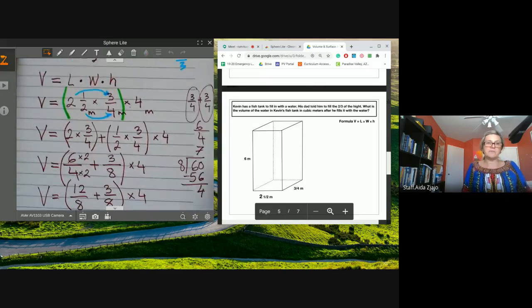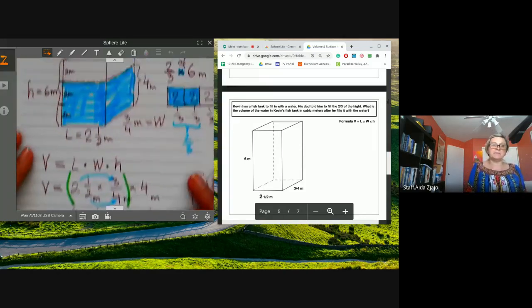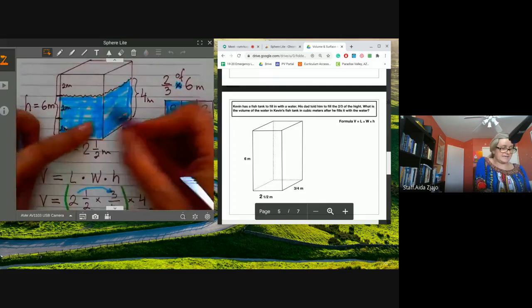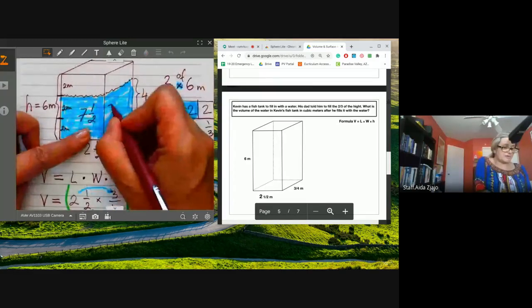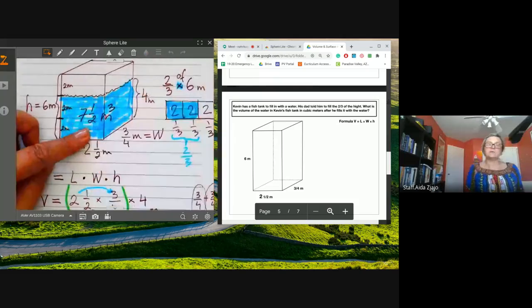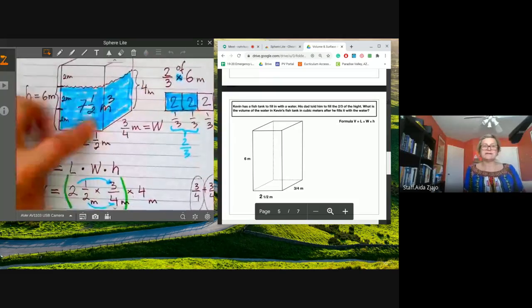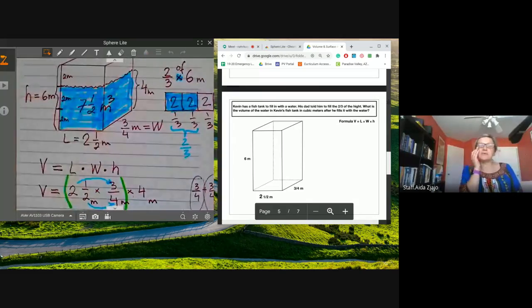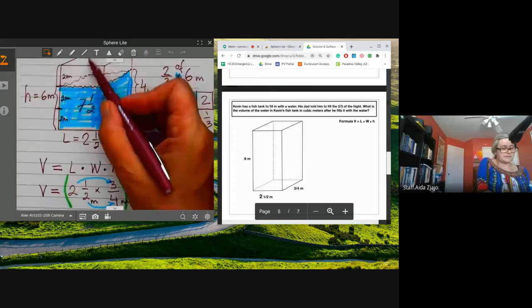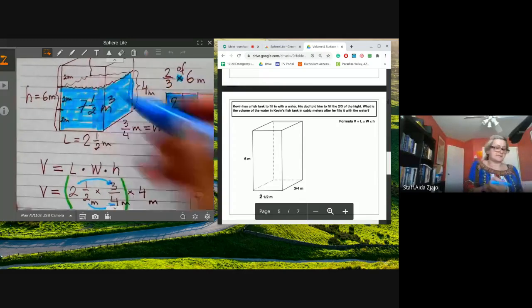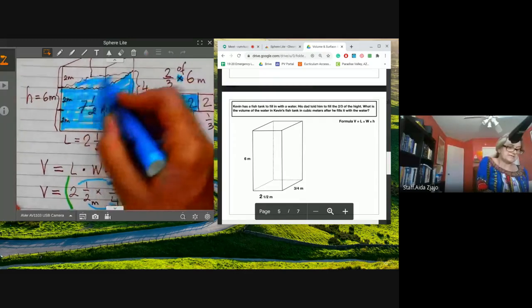So if we go back to our problem, this will make 7.5 cubic meters. Here, Kevin will put 7.5 cubic meters in that pool. Okay, so that would be your answer, because he needed that.